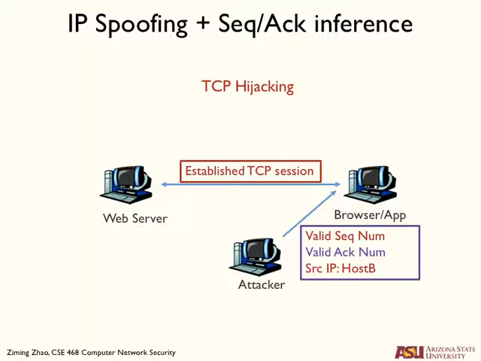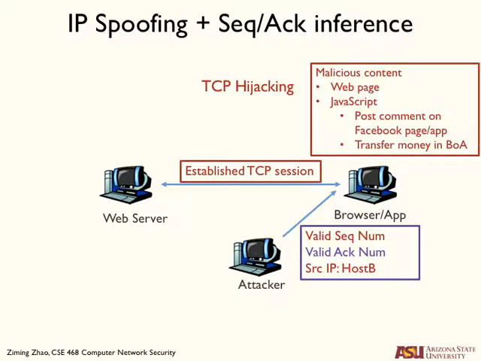So if we can inject data to your browser or to your application, we can do a lot of malicious things. First, the attacker can inject just the data, something static, like a web page, but the attacker can also inject code, like JavaScript. So the JavaScript injected by the attackers will be executed on your browser or by your apps on your behalf.